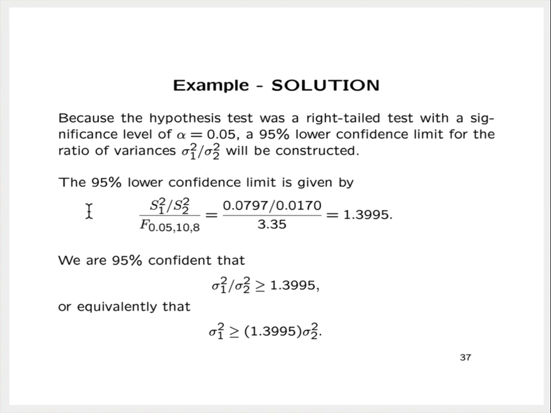And so the formula for the 95% lower confidence limit for the ratio is given by this expression here: the ratio of the sample variances, S1 squared over S2 squared, divided by the upper fifth percentage point of the F distribution with 10 numerator and 8 denominator degrees of freedom.